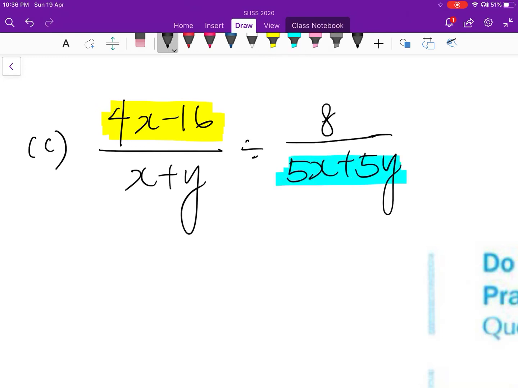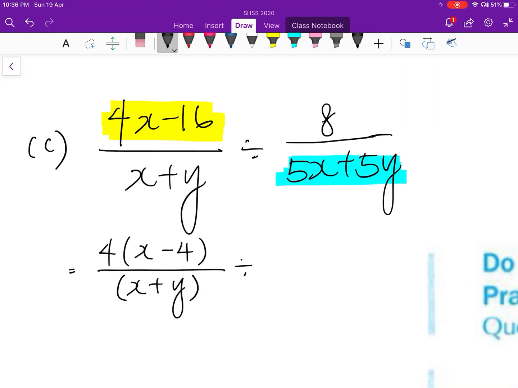In this case, we must factorize first. 4x minus 16, I can take out 4. I'm left with x minus 4. Denominator, x plus y. Divide by 8 over 5x plus 5y. I can factorize out the 5. I'm left with x plus y.